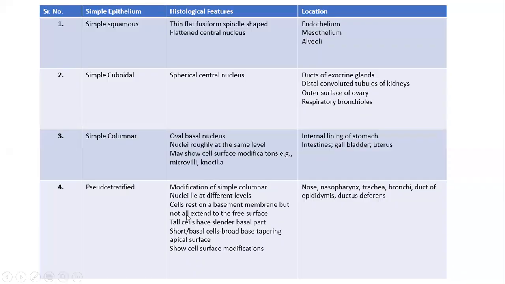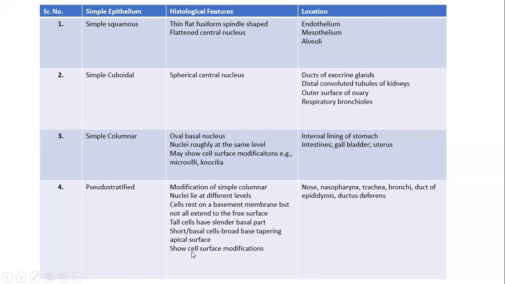Because of the presence of tall and short cells in a single layer, this epithelium creates an illusion of being stratified epithelium when it is not. Also, another very important point in the histological features of pseudostratified epithelium is that it is actually a modification of the simple columnar epithelium.